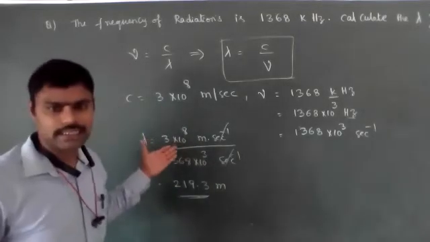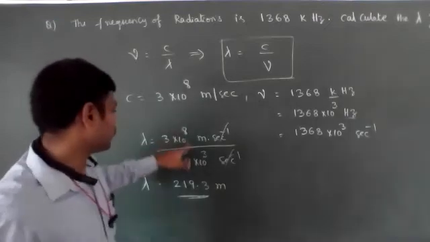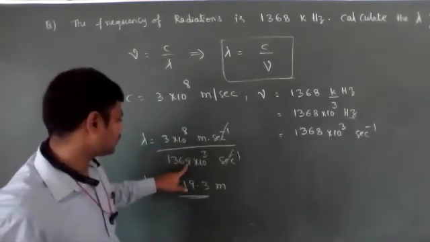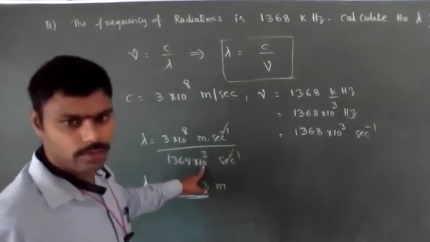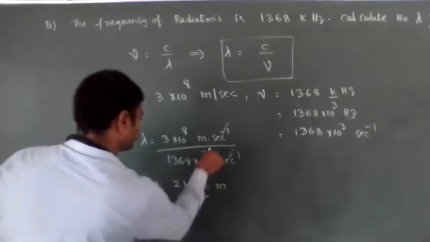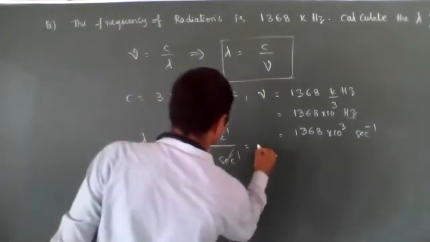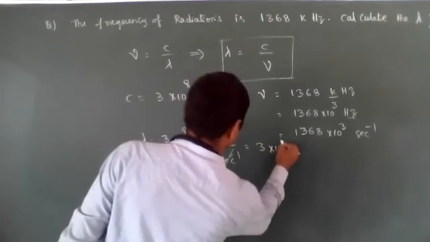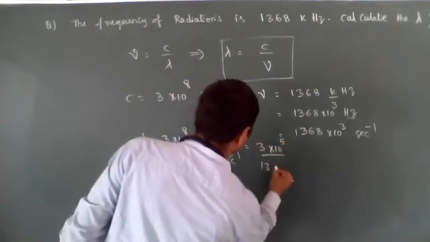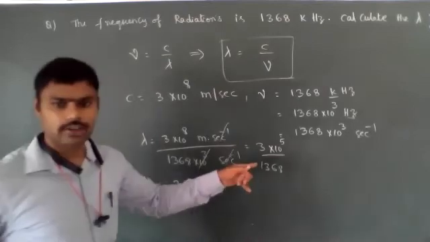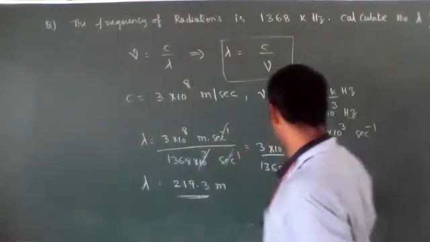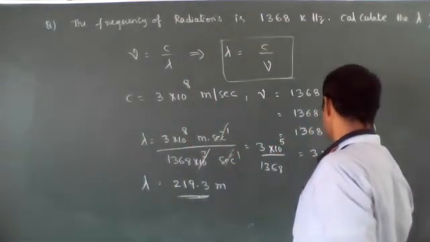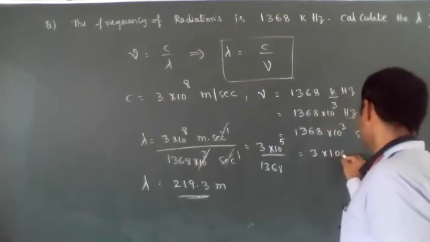Simplify the mathematics: 3 into 10 to the power of 8 divided by 1368 into 10 to the power of 3. 10 to the power of 3 means 1000. This 10 to the power of 3 will cancel, so it is equal to 3 into 10 to the power of 5 by 1368. 3 into 10 to the power of 5 means 3 followed by 5 zeros.